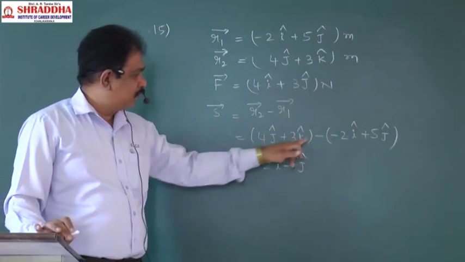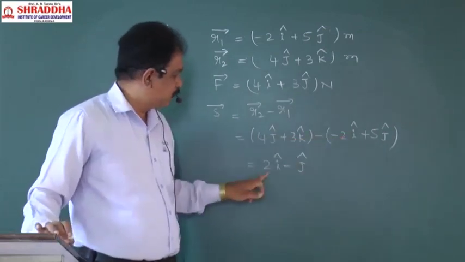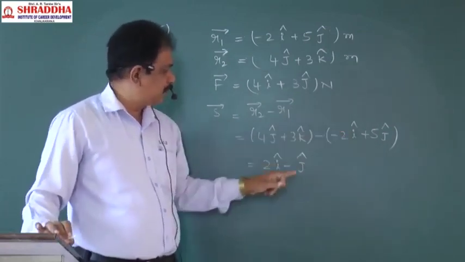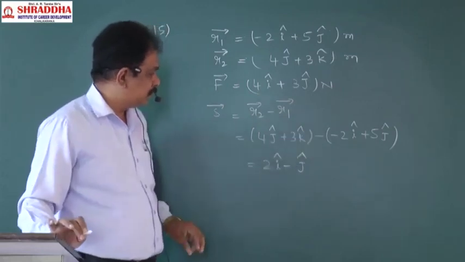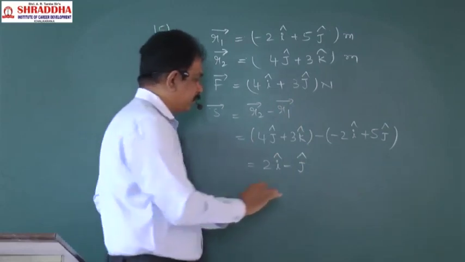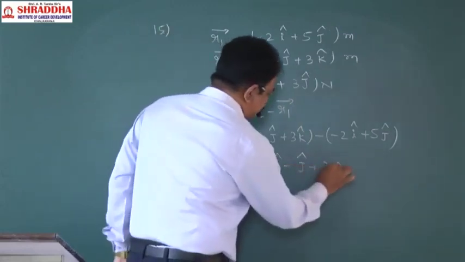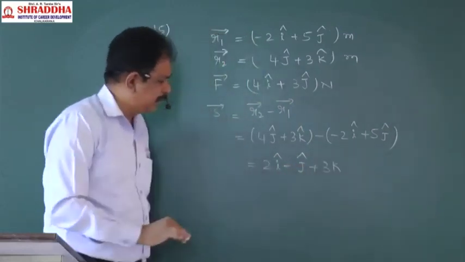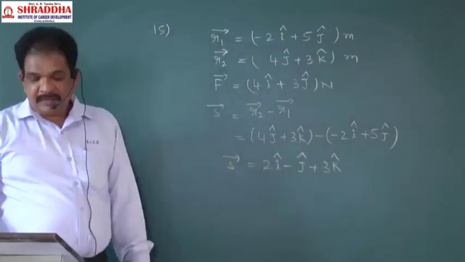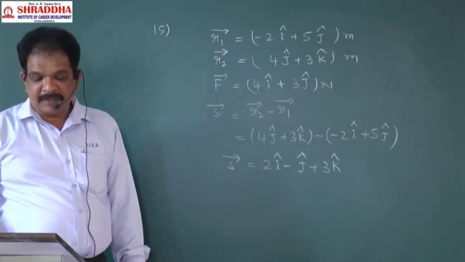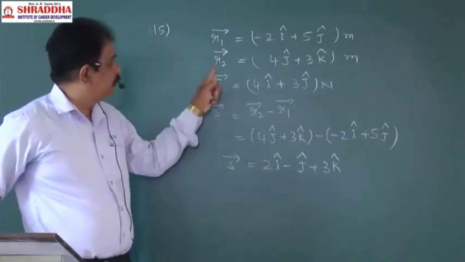So, minus of minus, plus 2i. 4j minus 5j will be minus j. There is no k component in the other, so that will be 3k. This is the displacement. Then we got the displacement and already have the given force.